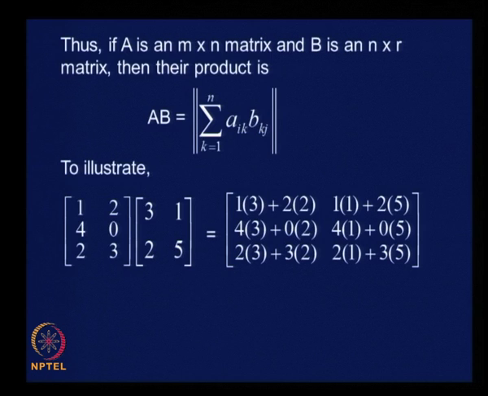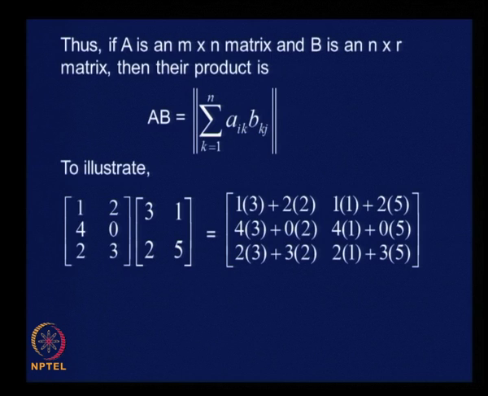So, this summation gives you one cell value for the product, clear. Then we consider the same first row, but the second column: 1 into 1 plus 2 into 5, the corresponding elements. So, this is another cell value.